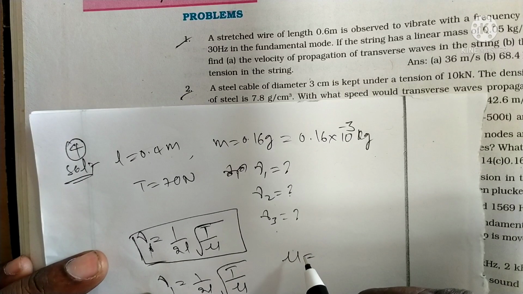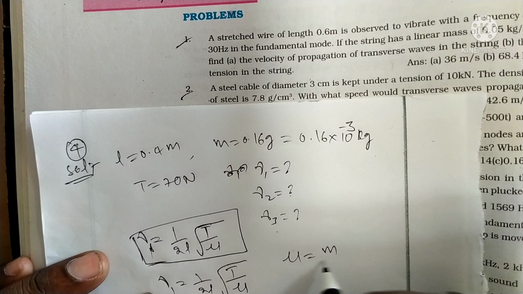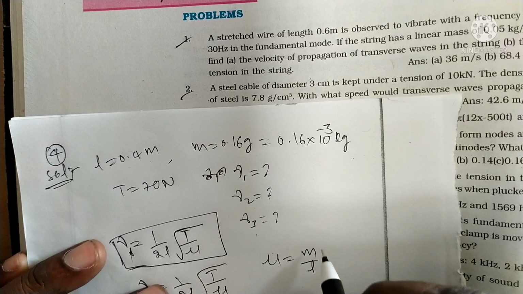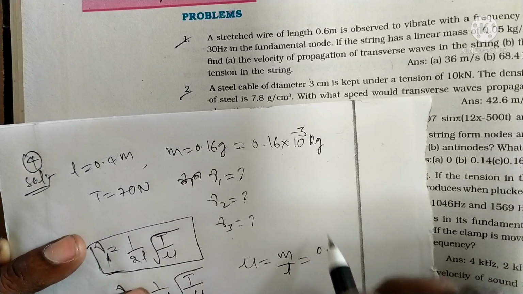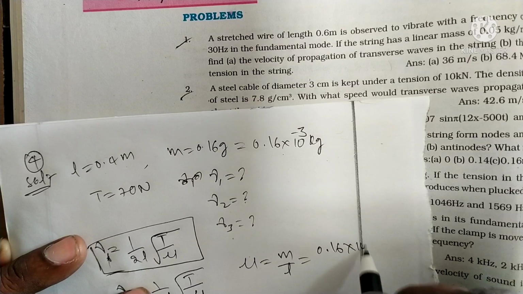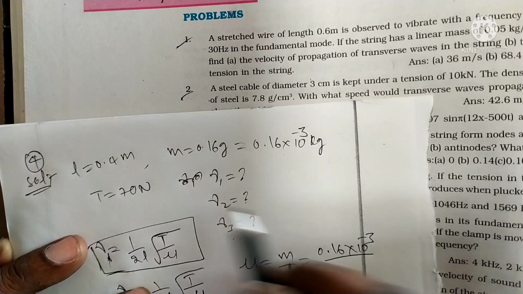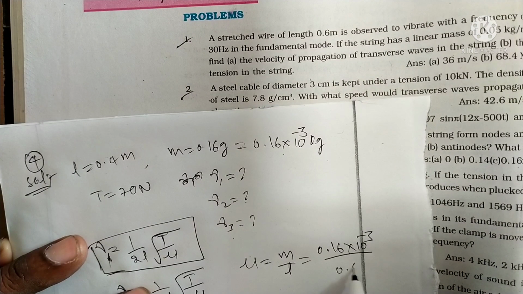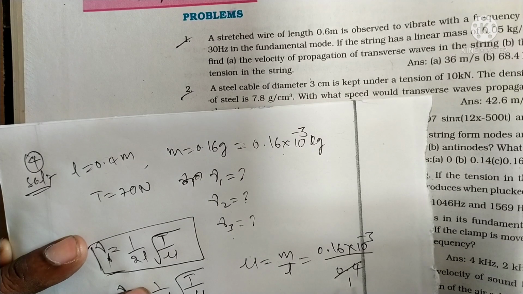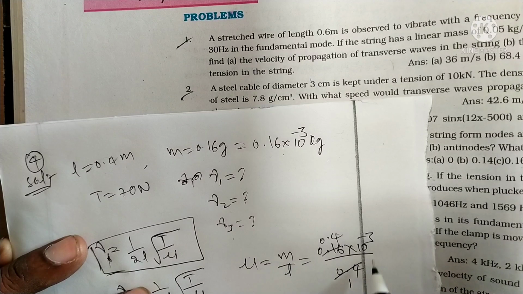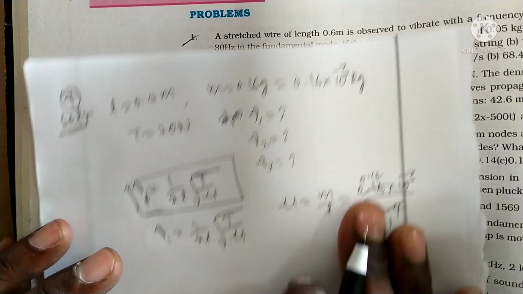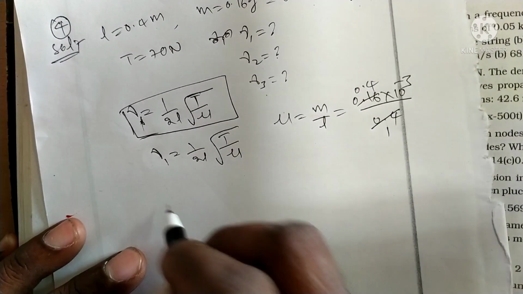Mu is equal to mass by length. The mass is given as 0.16 into 10 to the power of minus 3, divided by L, 0.4. That gives 0.4 into 10 to the power of minus 3. Okay, this is the mu value. This value we substitute in the formula.